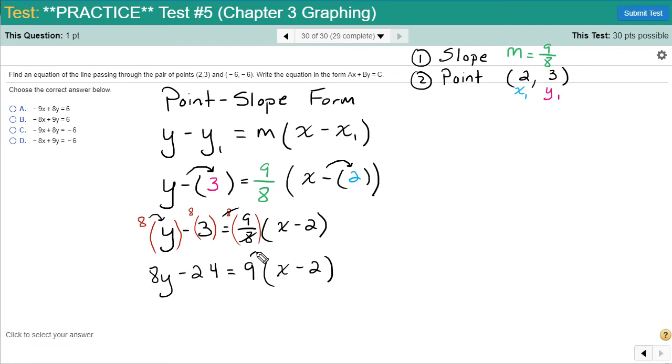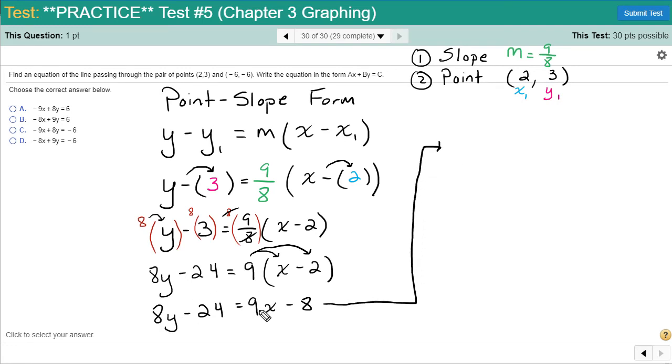So cleaning up the right-hand side here, we're going to distribute. So we have 8y minus 24 is equal to 9x minus 18. And I'm going to go ahead and just finish up here. So I'm going to just rewrite this exact line up here so we have a little bit more room to work with. So 8y minus 24 is equal to 9x minus 8.